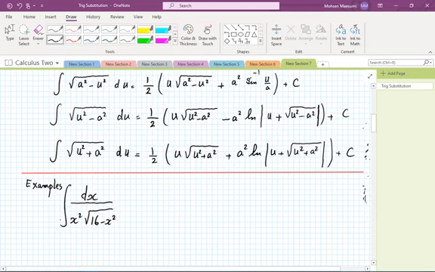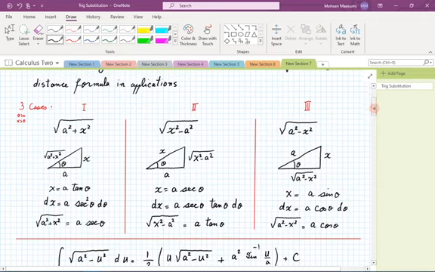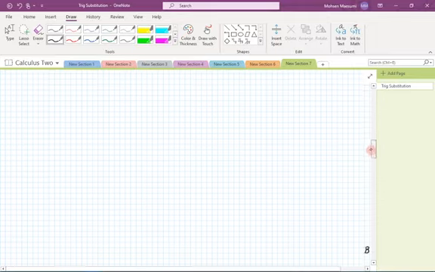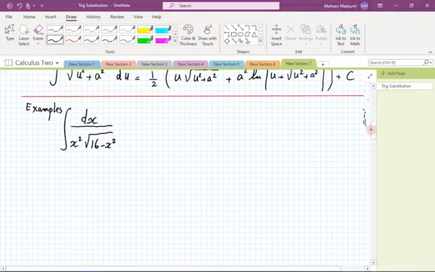Now we want to do this integral. This is similar to this case, because we have 16 minus x squared, so it falls into this category. So this is the picture that we want to have, and we are going to duplicate it for our case.